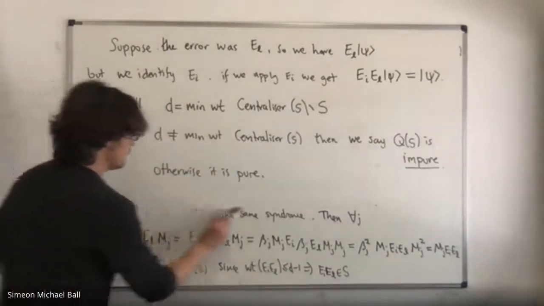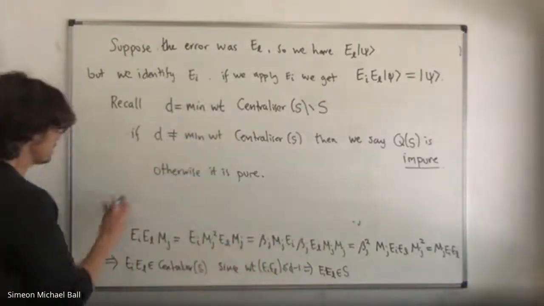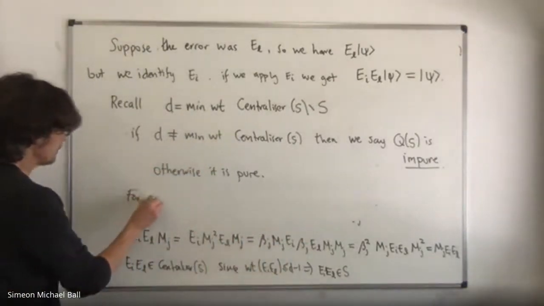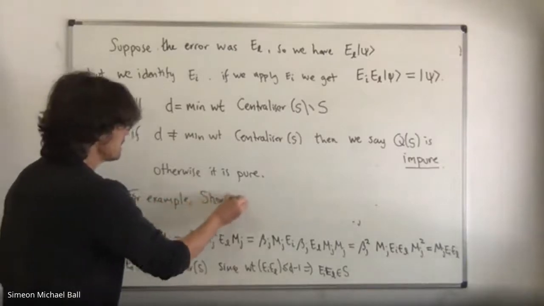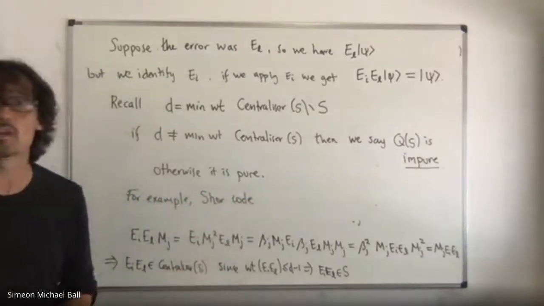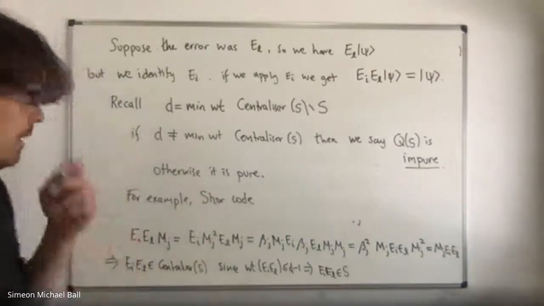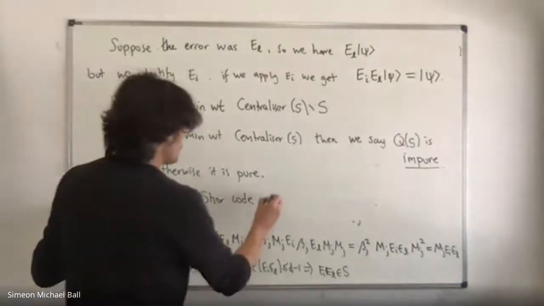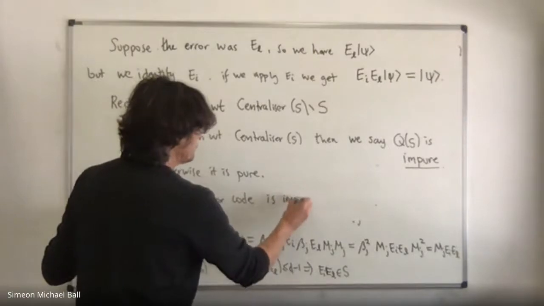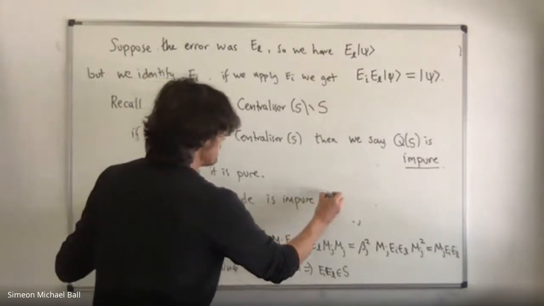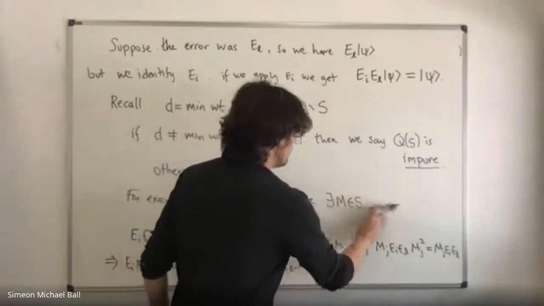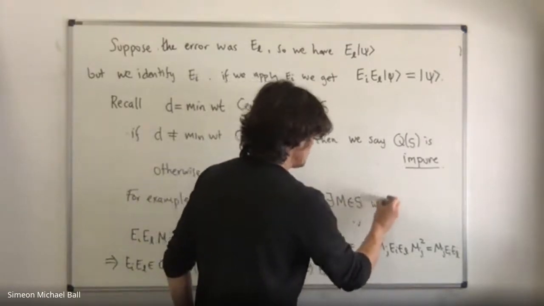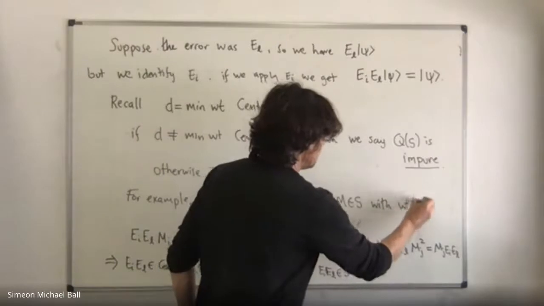For example, we will see in the exercises, for example, the Shor code. So we haven't seen yet, the Shor code actually is a stabilizer code. And it's impure. The Shor code is impure. There is this M in S, such that the weight of M equals 2.